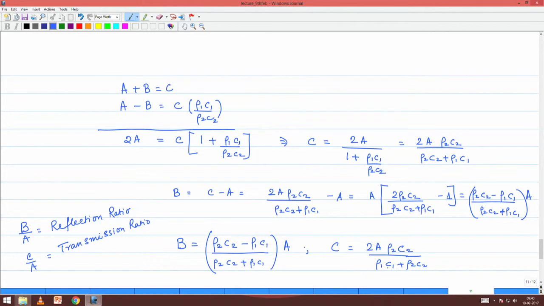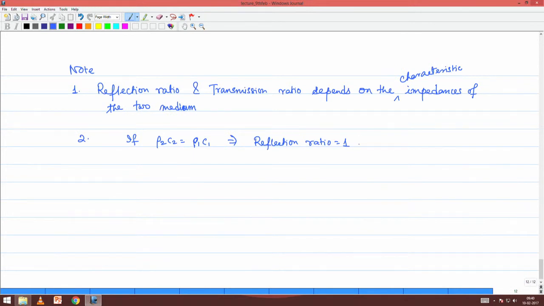If rho 2 C 2 equals rho 1 C 1, then T equals A. So, the transmission ratio becomes 1, which is very nice to see, because everything is getting transmitted, no part of the wave is reflected. So, if rho 2 C 2 equals rho 1 C 1, the reflection ratio is 0 and the transmission ratio is 1, right.